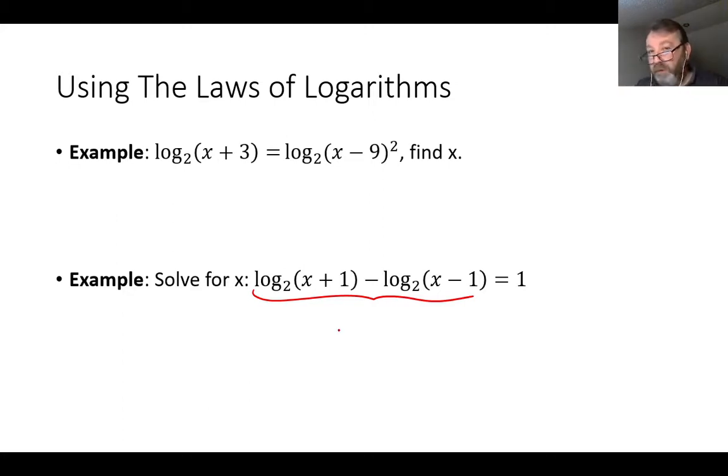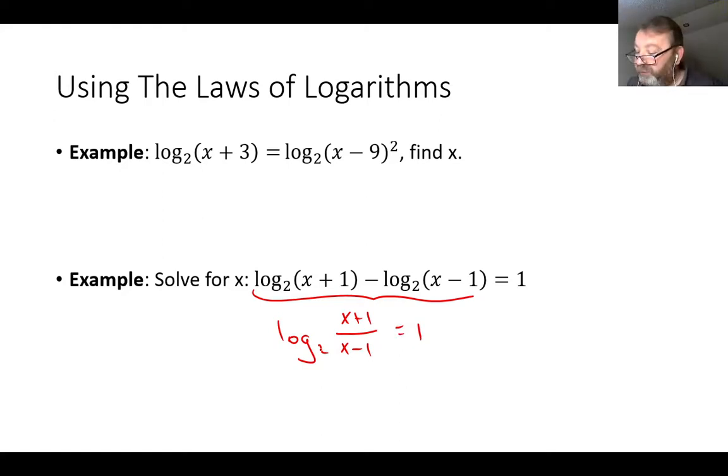So therefore, I can rewrite the left-hand side as a single log to the base 2 of (x plus 1) over (x minus 1). That's one of the rules in your tables. The difference between two logs with the same base is exactly the same as the log of their quotient, or their fraction. And that is equal to 1.